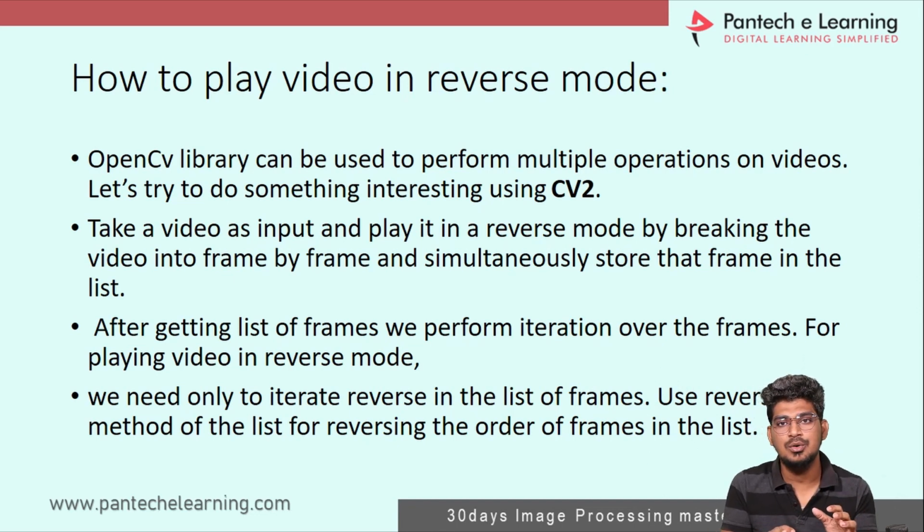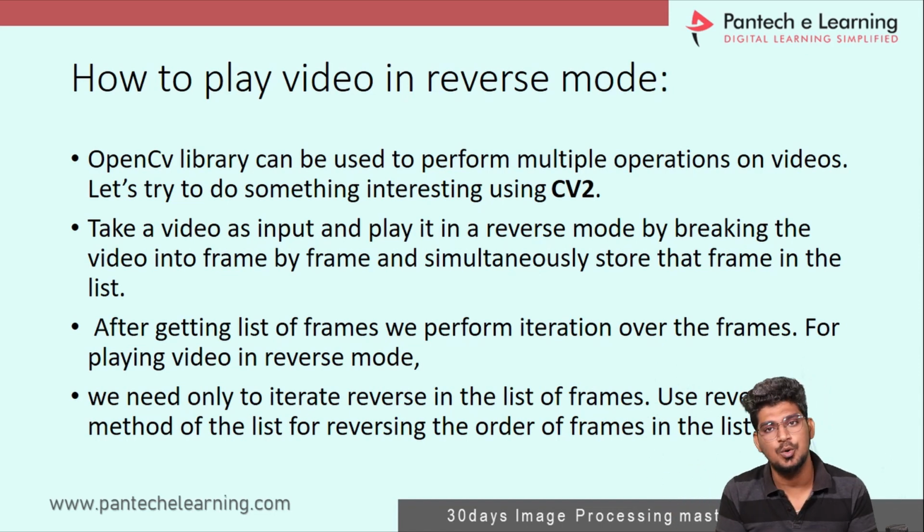After that, we apply the cap.read function. Once I enter the code, you could understand it very well. We iterate over the frames in the video, and after that it will be played in reverse mode.